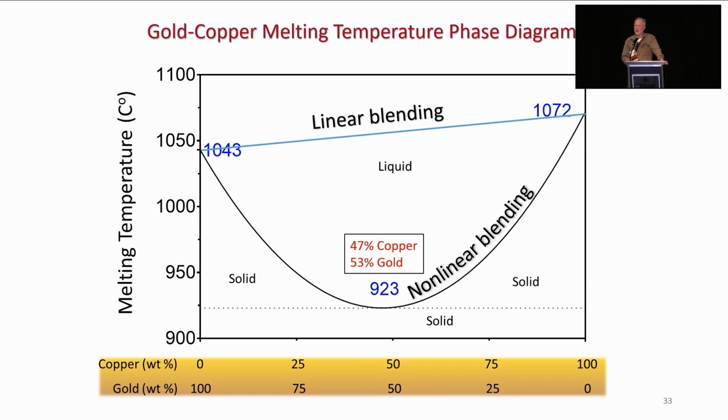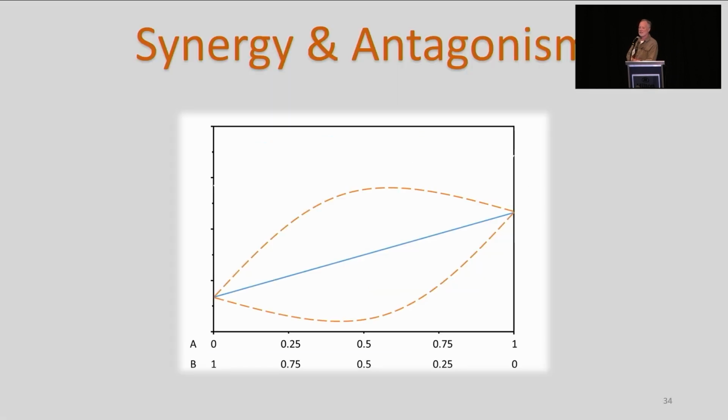Okay, back to our phase diagram. It's very clear here, if we only had linear blending, you would have the blue line at the top, but what's actually observed is this very nice nonlinear blending. So as soon as you see nonlinear blending, it raises the question: is this a synergy or an antagonism?